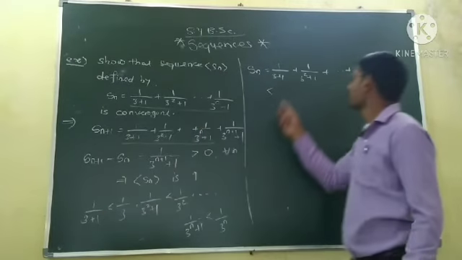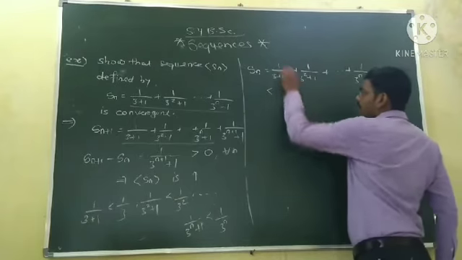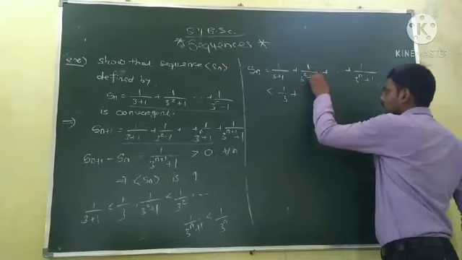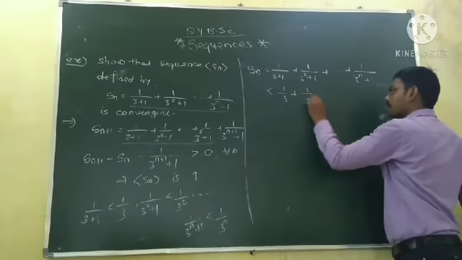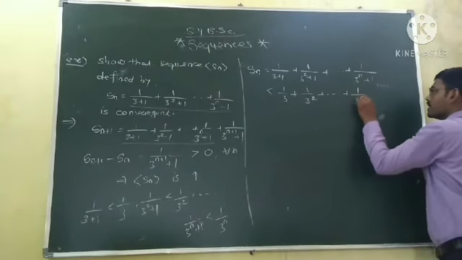So replace these terms by terms higher than these terms. This 1 upon 3 plus 1 is less than 1 by 3. This 1 upon 3 square plus 1 is less than 1 upon 3 square. Continuing in this way, this term is less than 1 upon 3 raised to power n.